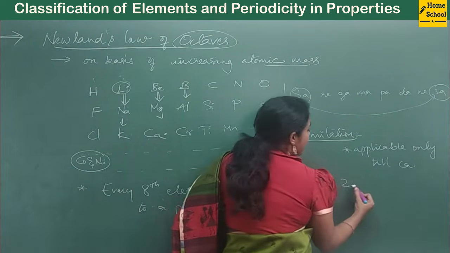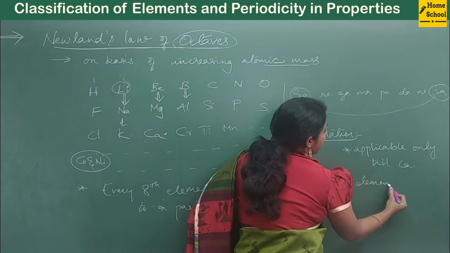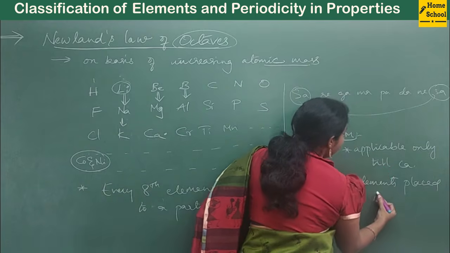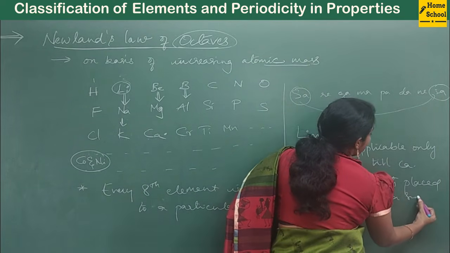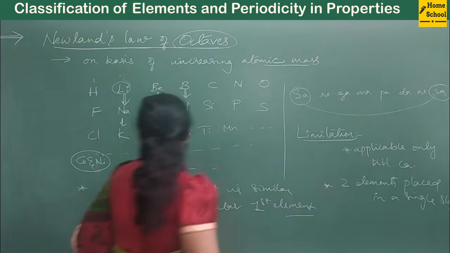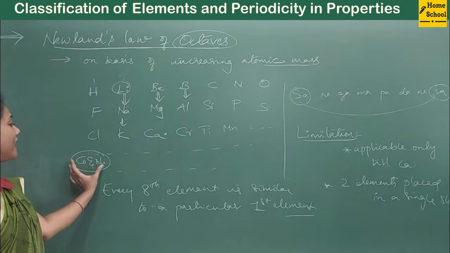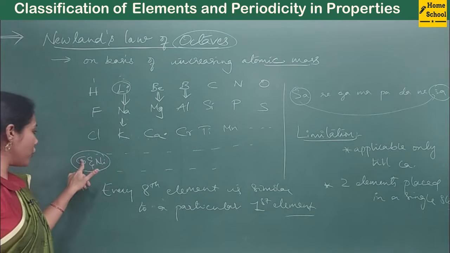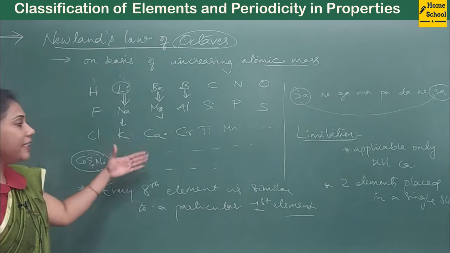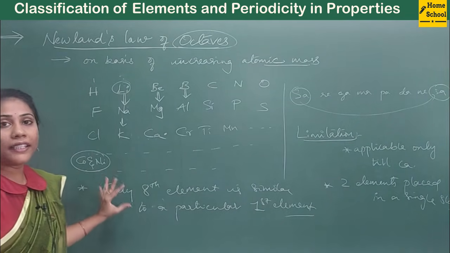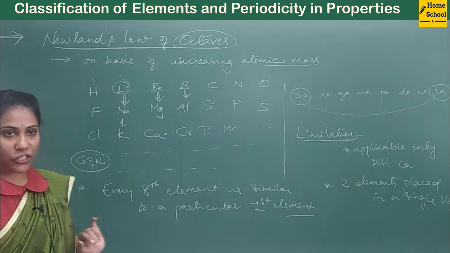So two elements placed in a single slot. Okay, so he could not give any reason why he placed two elements together in one single slot. They should be placed differently, right, in different positions, but they were together. For that he could not give enough justification.